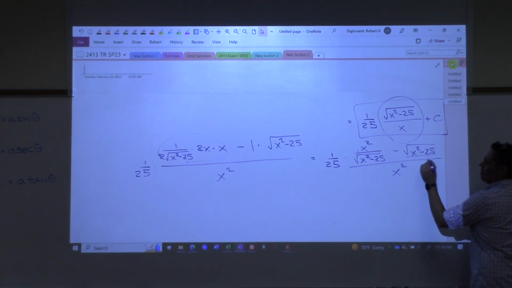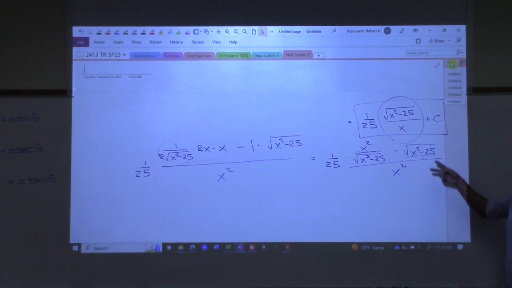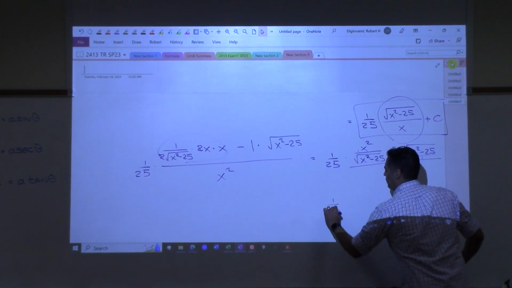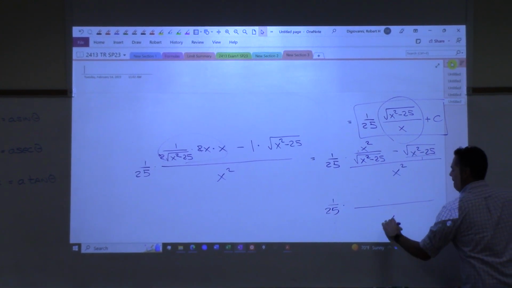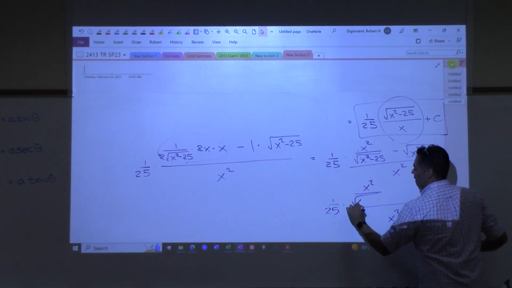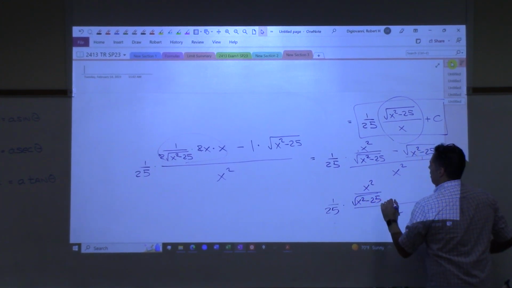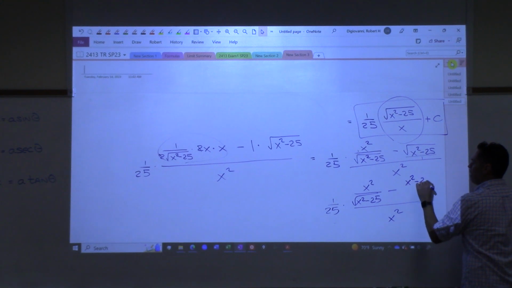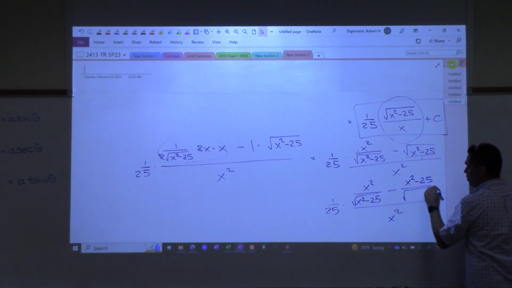Now to put these two together, I get a common denominator. So I treat this like it's over 1, and I have to multiply the top and bottom of this by root x squared minus 25. When I do that, I get this fraction, x squared over the square root of x squared minus 25, minus, when I multiply the root on top and bottom, the root goes away on top, so I get x squared minus 25 on top, and on the bottom, the square root of x squared minus 25.